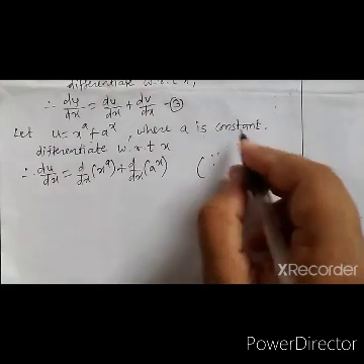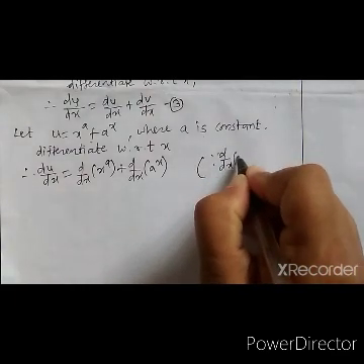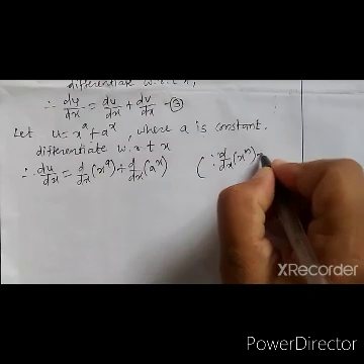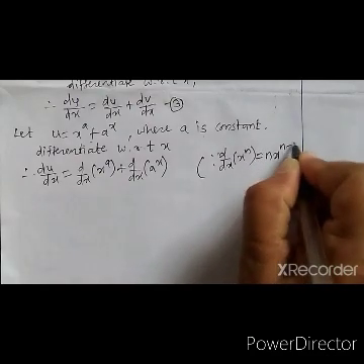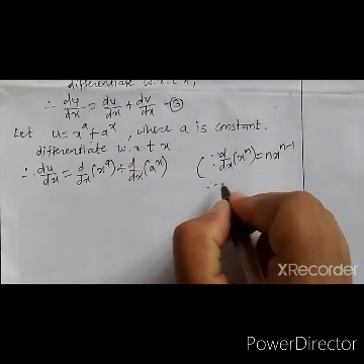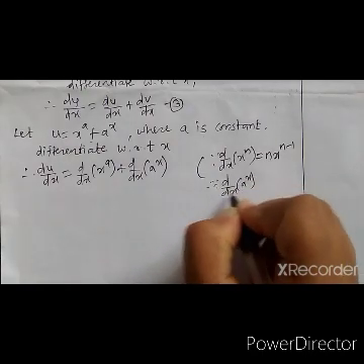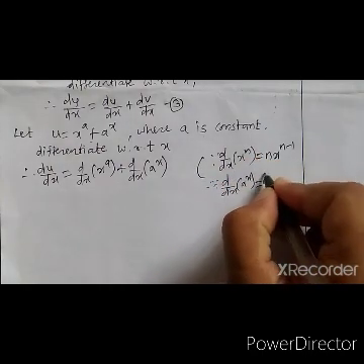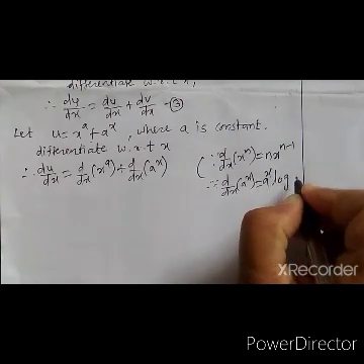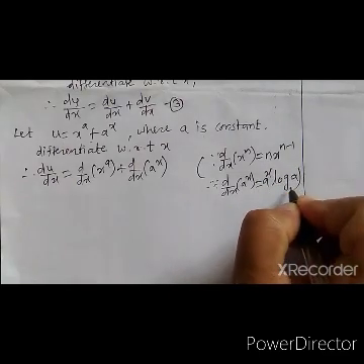But we know that the derivative of x raised to n or x raised to a is n x raised to n minus 1, and d by dx of a raised to x, where a is constant, is a raised to x log of a.